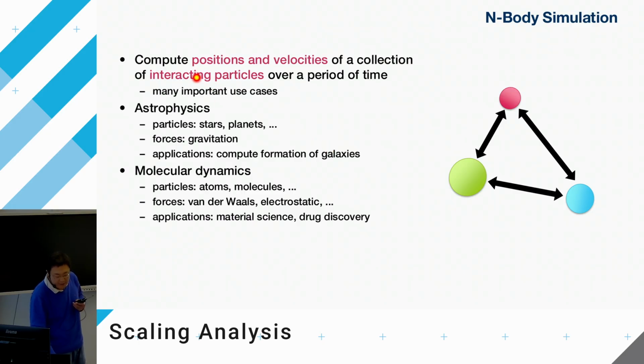And then we calculate the positions and velocities of those particles, and then move those particles with respect to their movement. This N-body simulation is very useful in many fields, for example, in astrophysics or in molecular dynamics.